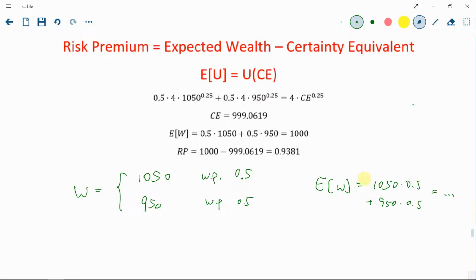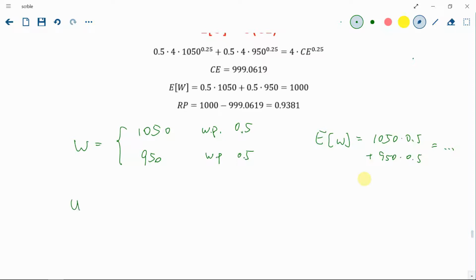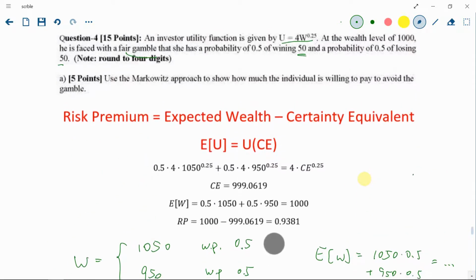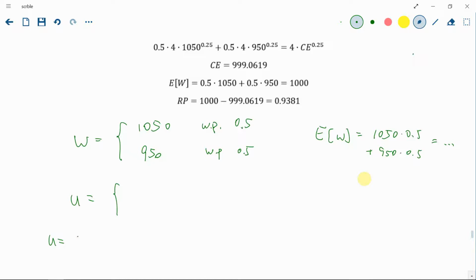The second thing you need is expected utility. So let's write down the utility random variable as well. So basically utility is just applying the utility function on this wealth random variable. Utility is 4 times W to the power 0.12, so let's just write it 4 times this to the power 0.12.